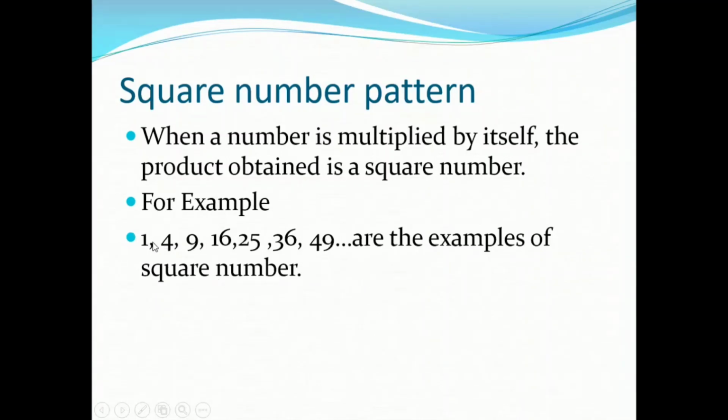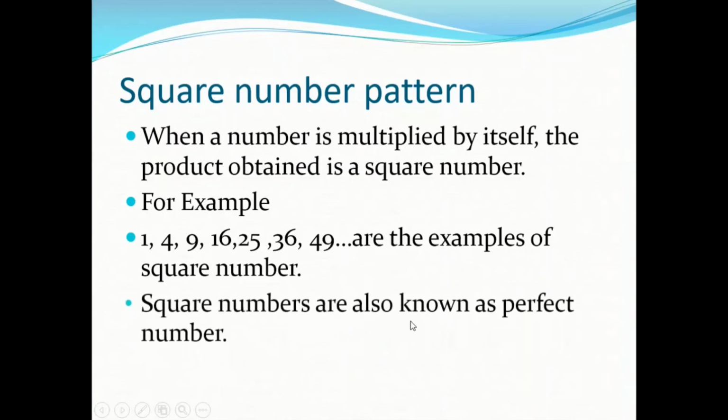See, 1 multiplied by 1 is 1, 2 twos are 4, 3 threes are 9, 4 fours are 16, 5 fives are 25, 6 sixes are 36, 7 sevens are 49 and so on. Also, square numbers are known as perfect squares.